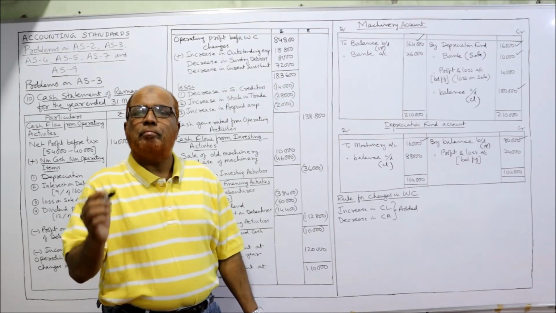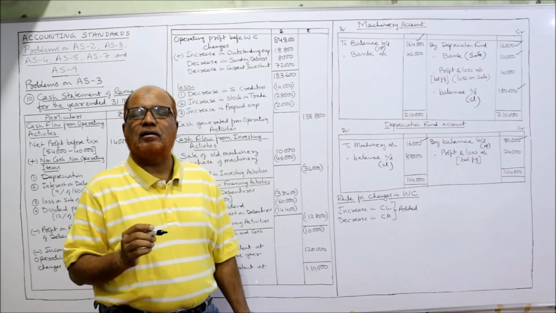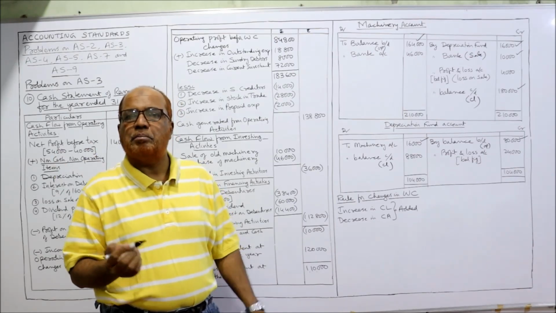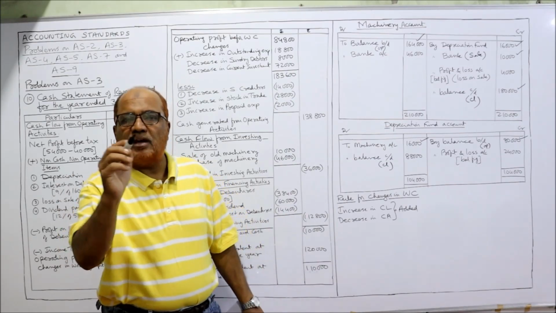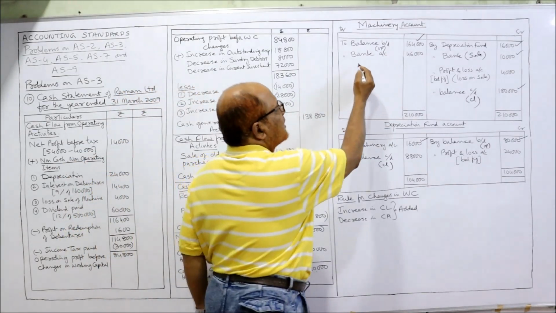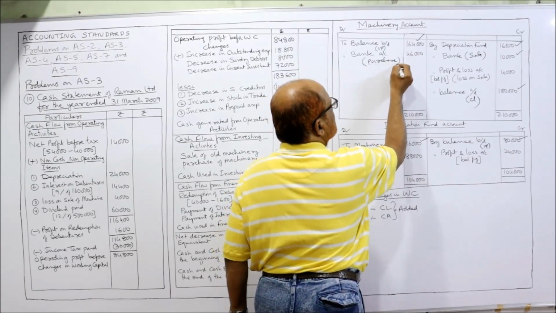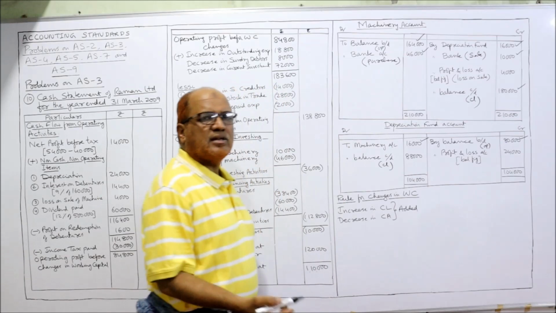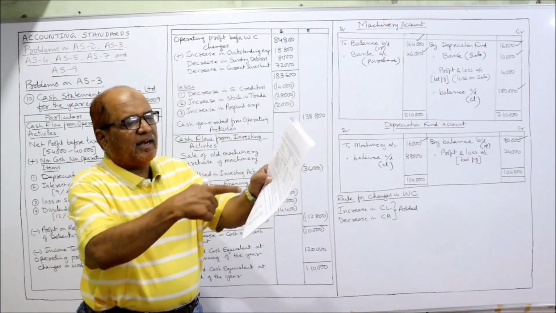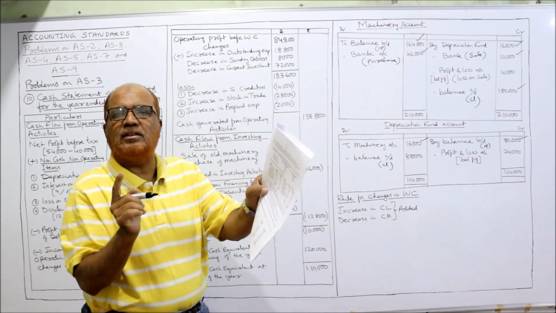So entry will be machinery account debit to bank. New machine was purchased. Machine is coming in. So debit side to bank, purchase of machine, 46,000. That's all. We have entered all the items which are given in the problem.